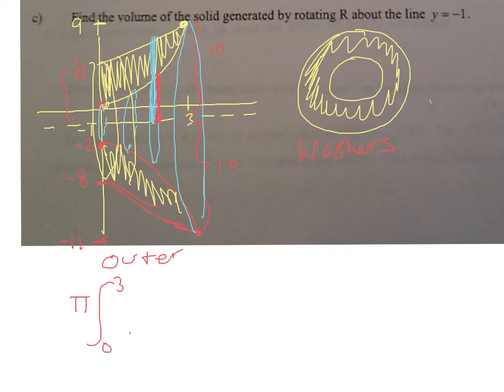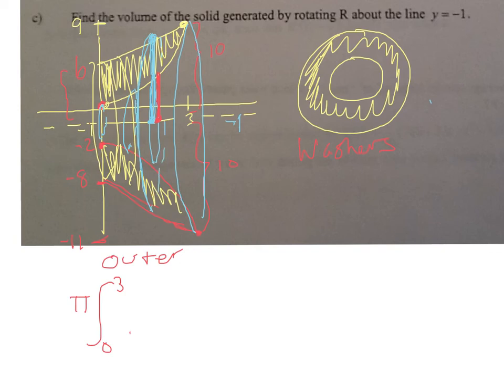So I just erased that. So the whole radius goes from the -1 line up to the line, okay? So I have to take care of that whole radius.